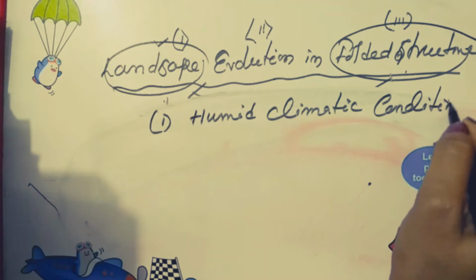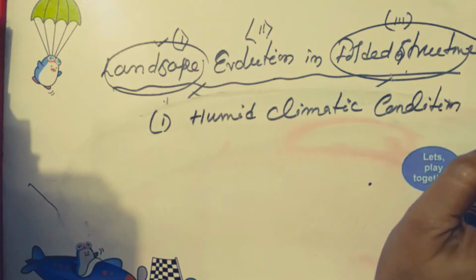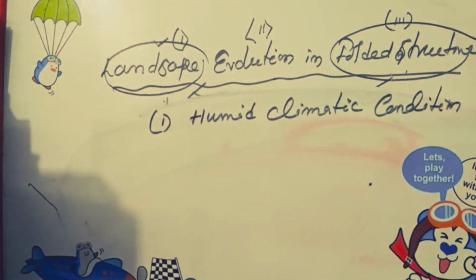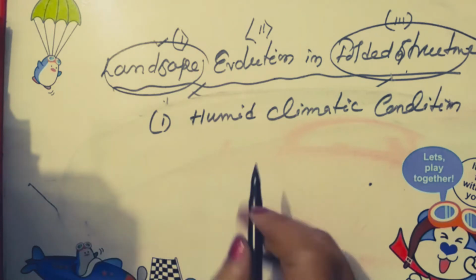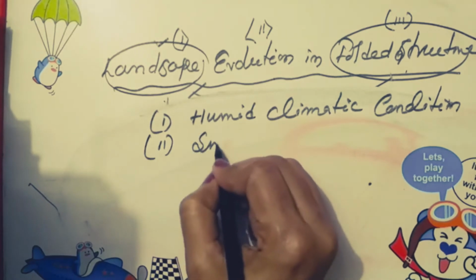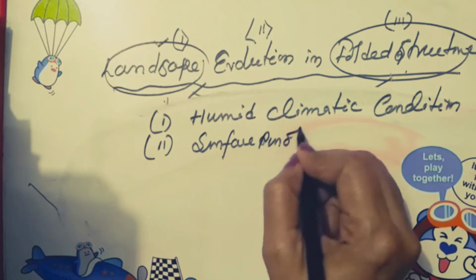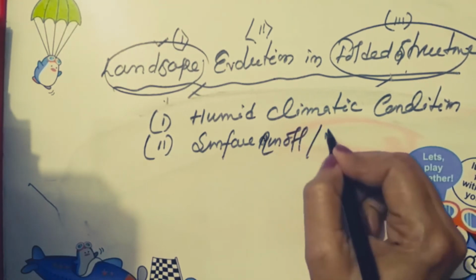যে অঞ্চলের ল্যান্ডস্কেপ ইভলিউশনের ব্যাখ্যা হবে সেই অঞ্চলটিকে হিউমিড বা ওয়েট ক্লাইমেটিক কন্ডিশনে সিচুয়েটেড হতে হবে। This landscape evolution is applicable for the humid climatic condition. Second one is the surface runoff or rivers.